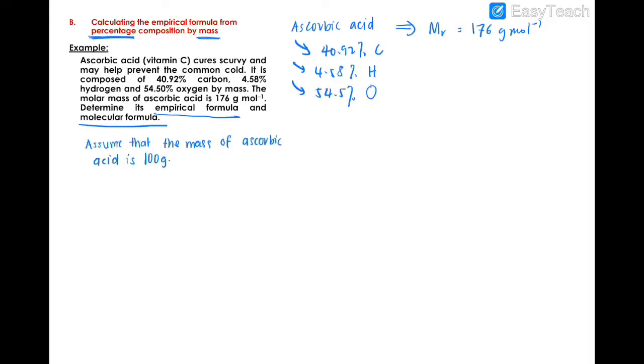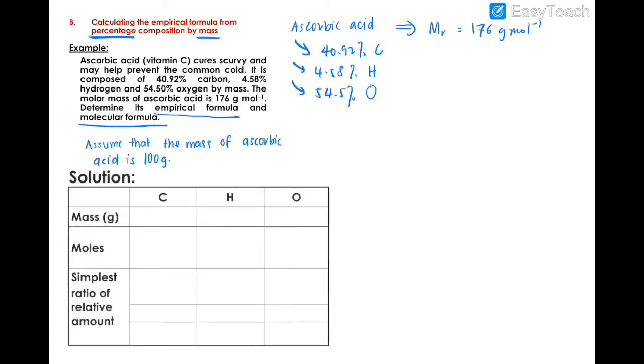Okay, so this assumption is very important. If kamu tak tulis assumption ni, nanti kamu akan kurang satu markah lah. Okay, so dah buat assumption, baru kita boleh guna Mamora table.